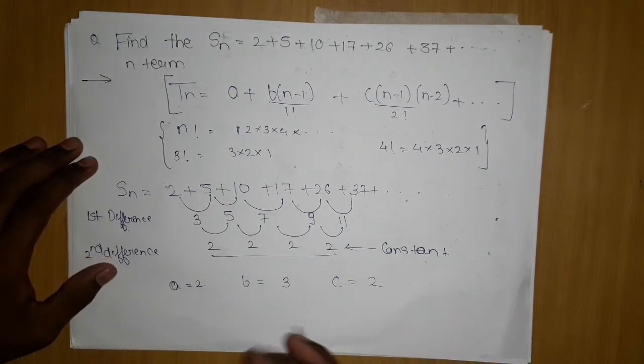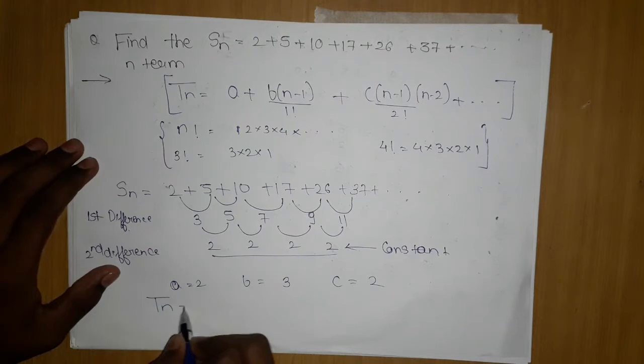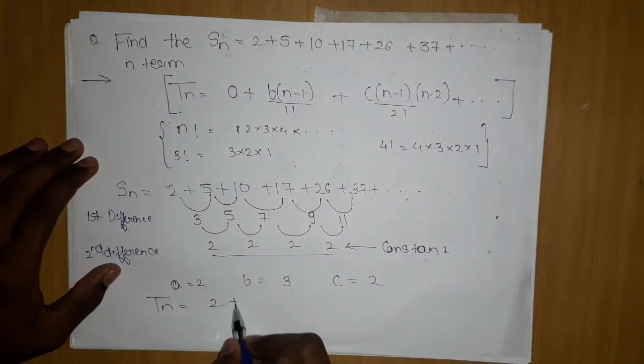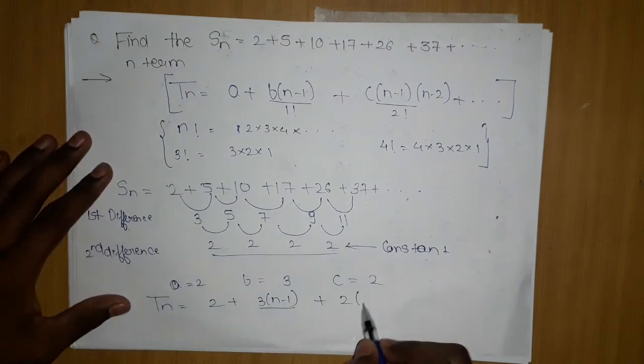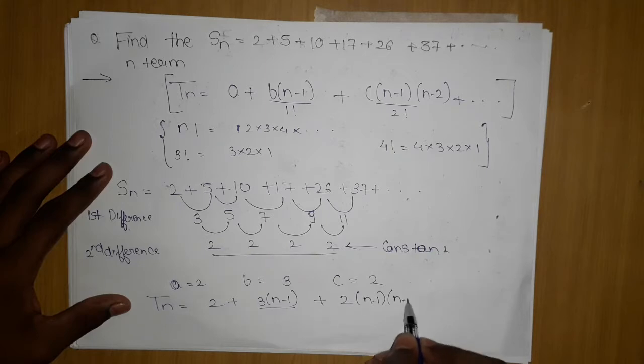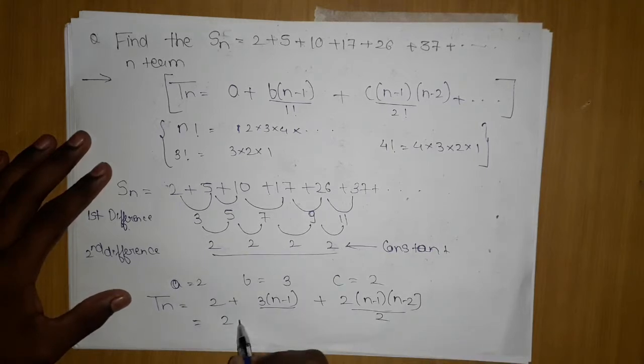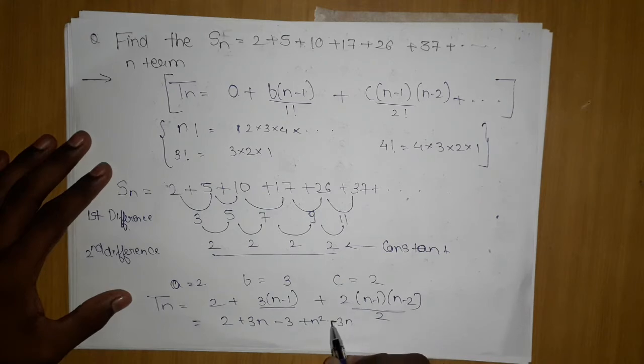After getting this you can straightforwardly apply the formula: 2 plus 3 into n minus 1, plus 2 into n minus 1 into n minus 2 upon 2. The 2 will cancel out, which gives 2 plus 3n minus 3 plus n square minus 3n plus 2.